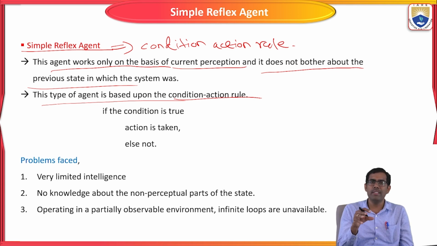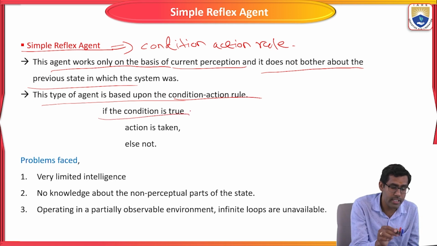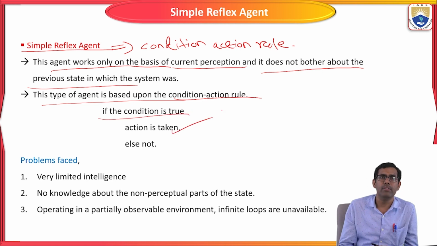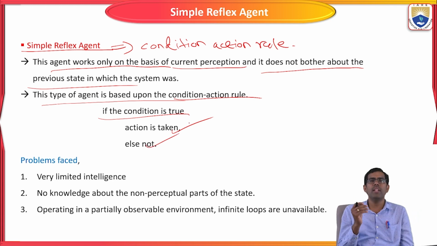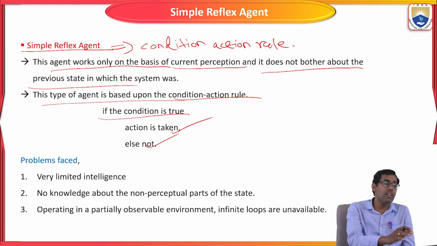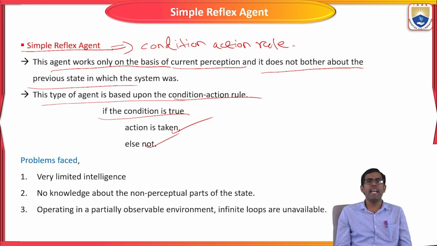Based on what it observes from the environment through the sensor, it will take action through the actuator. If it has not observed anything from the environment, it will not. So if the condition is true, the action will be taken, else not. If it observes nothing from the environment, it will not take any actions. So this is called the simple reflex agent. I hope everyone has understood.